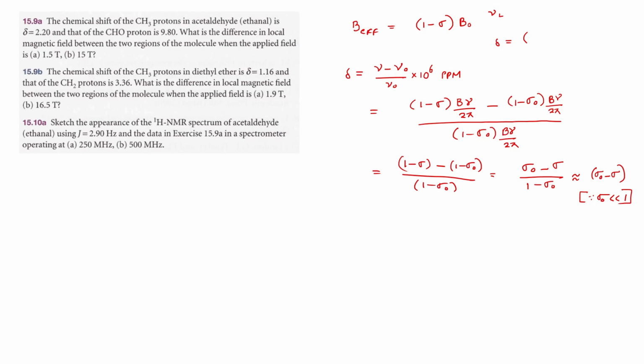So what you are actually seeing, I am missing this part, 10 to the power 6.